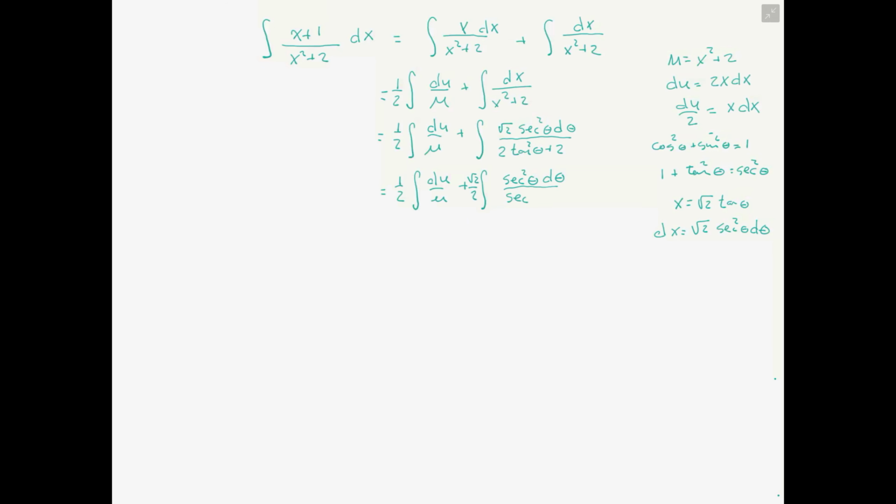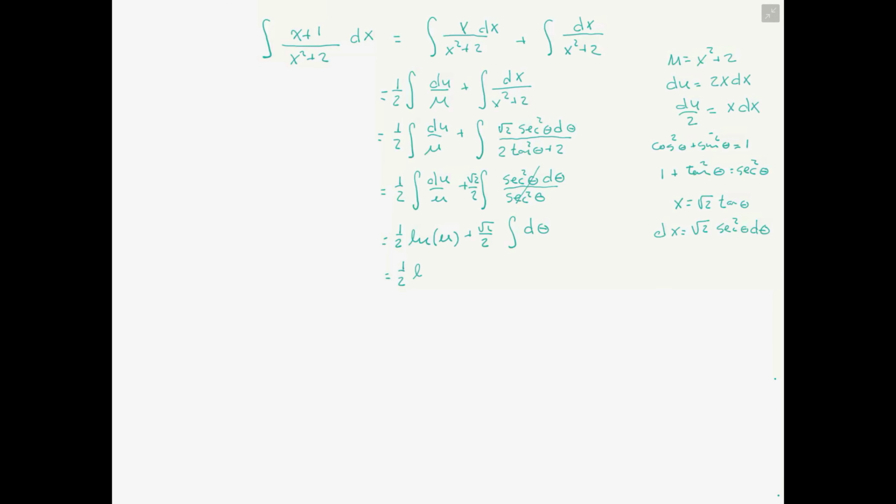So here we have 1/2 du on u plus square root of 2 on 2 secant squared theta d theta on secant squared theta.